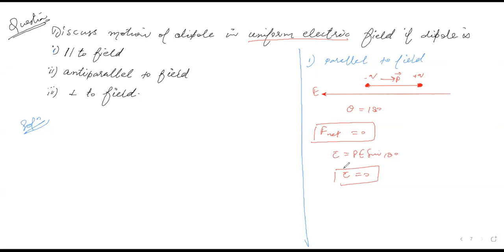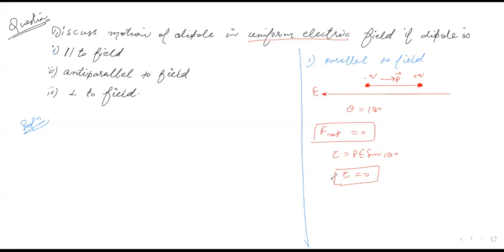Where's my scientific calculator? Sine 180 is 0. Yes, sine 180 is 0, and cos 180 is minus 1. Okay, sir. Sorry, sir. Sine 180 is 0. And once again, we can say it is also in equilibrium.